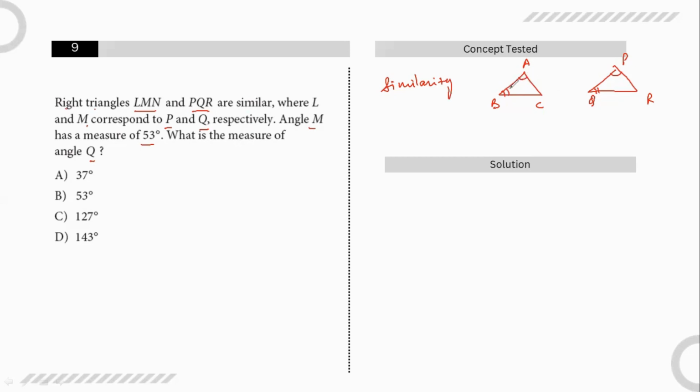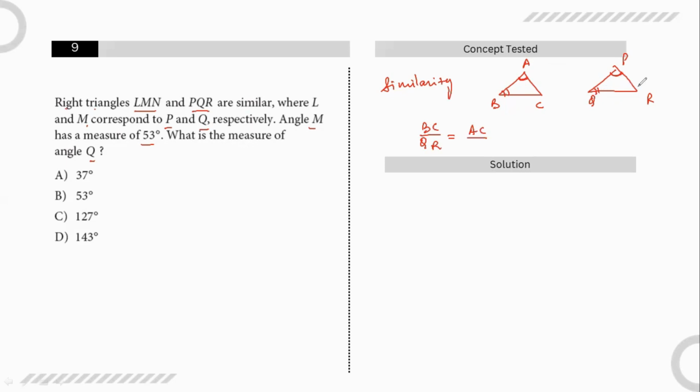If the triangles are similar, the ratio of their corresponding sides is equal. So what does this mean? Opposite to angle A, the side length is BC. Opposite to angle P, the side length is QR. That's the ratio of the corresponding sides. Angle B opposite is AC.